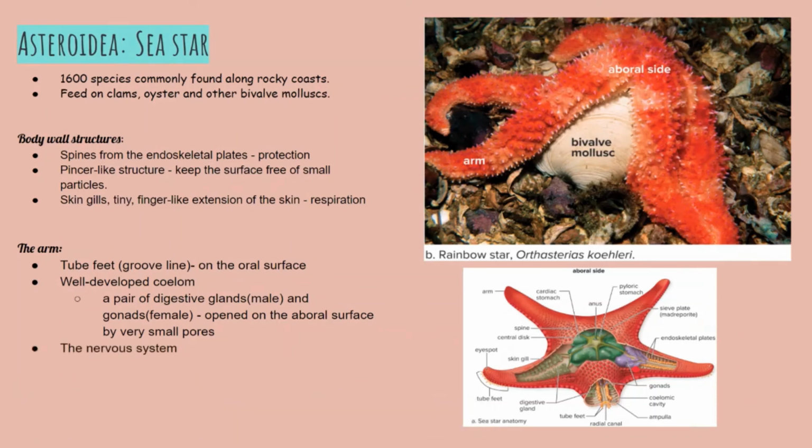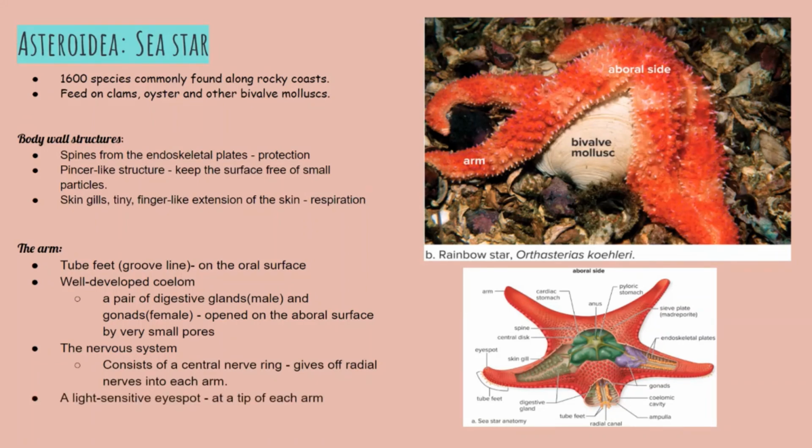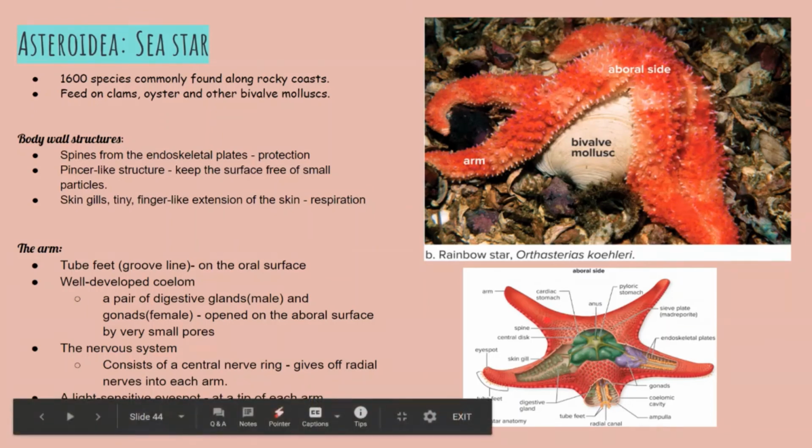Other than that, there is also a nervous system that consists of a central nerve ring that gives off radial nerves into each arm. And lastly, a light-sensitive eye spot at the tip of each arm. So there is an eye spot at every single tip.